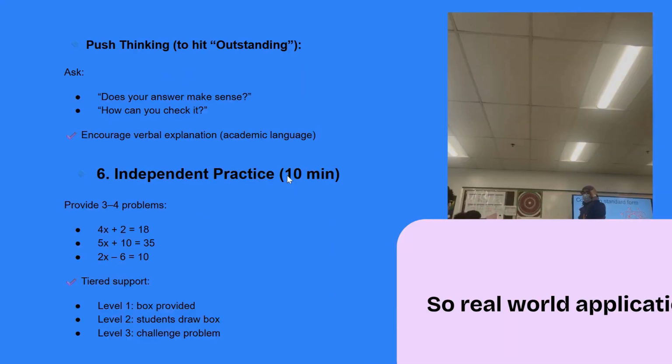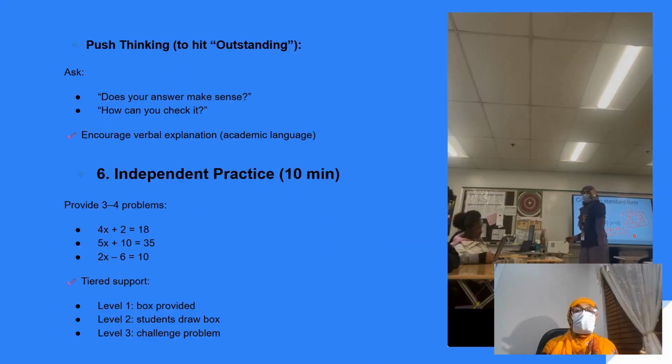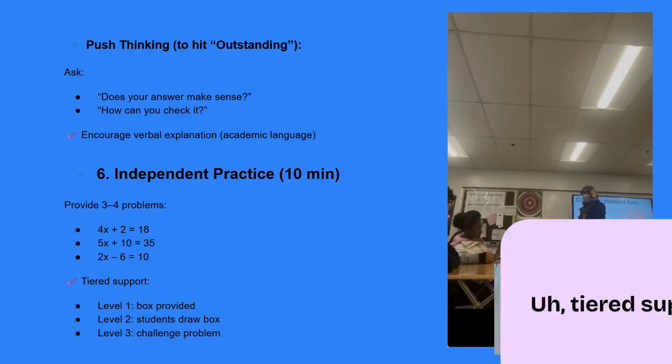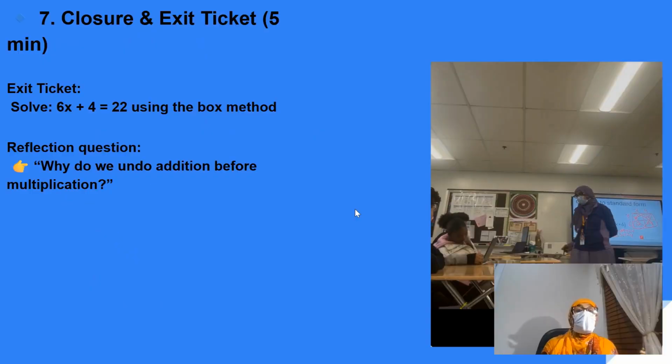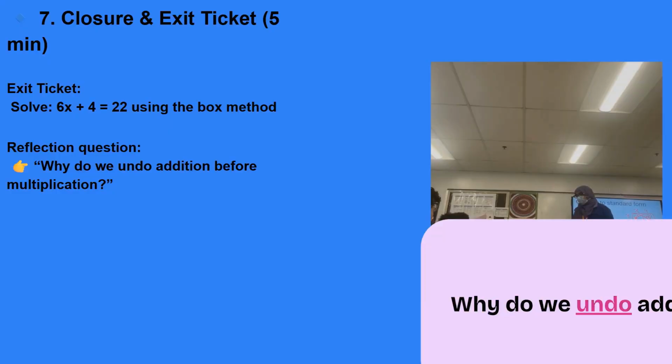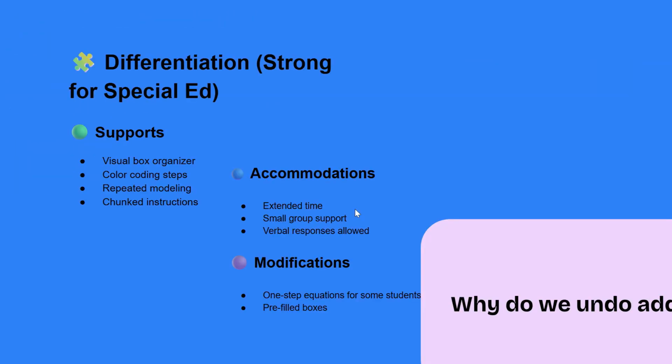Independent practice would be 10 minutes, and we are given 3 to 4 problems with tiered support: level 1 box provided, level 2 students draw the box, level 3 challenge problem. And you could see a small exit ticket using the box method: why do we undo addition before multiplication?